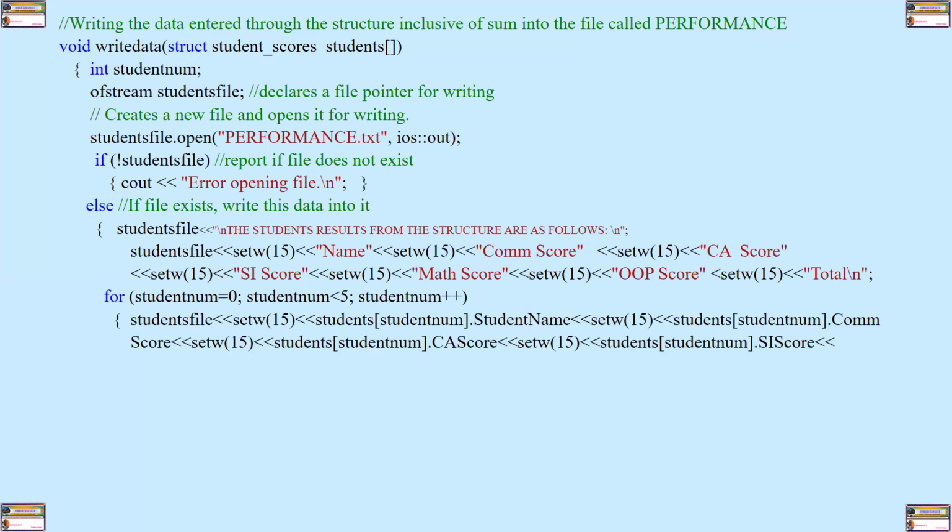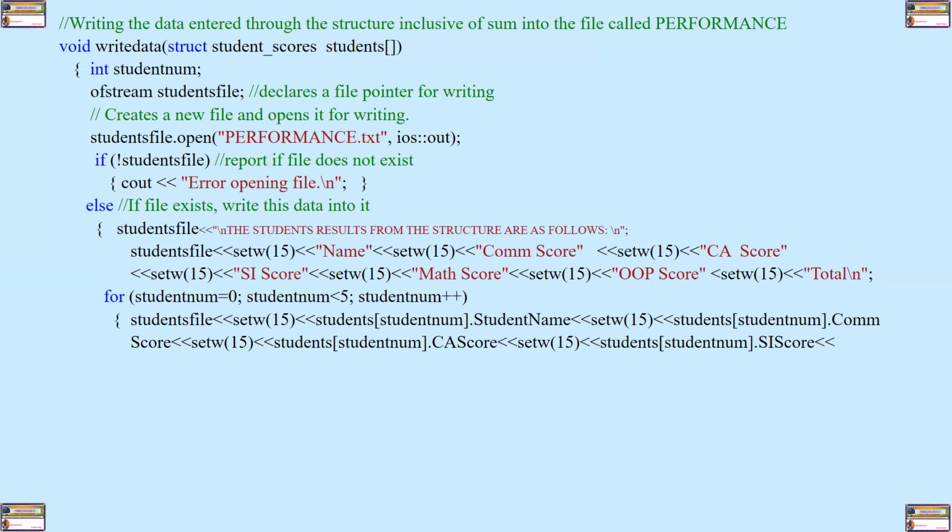So what is it going to do? It picks the first one, has a space, and then it writes out students 0 dot student name. So the content of the member student name for the first student is going to be written out.